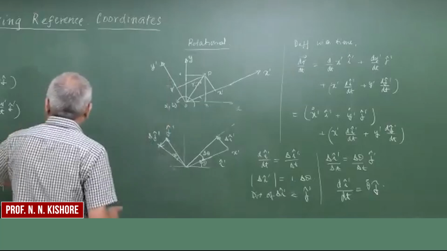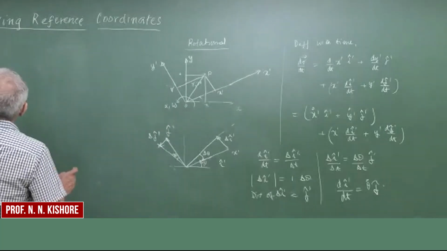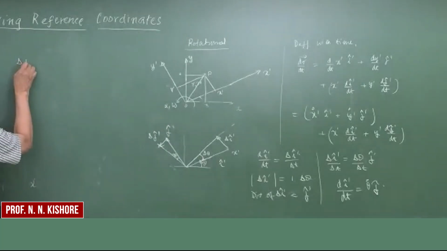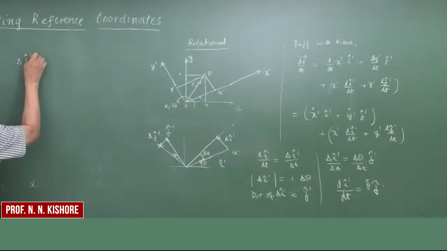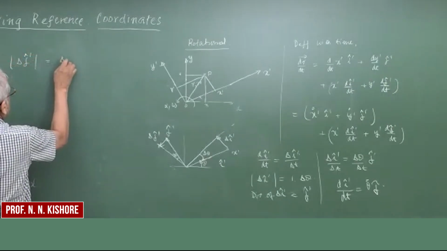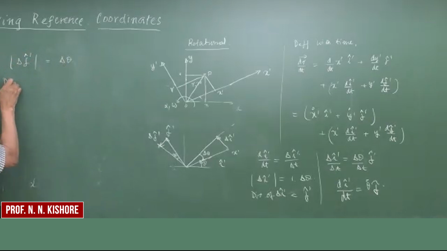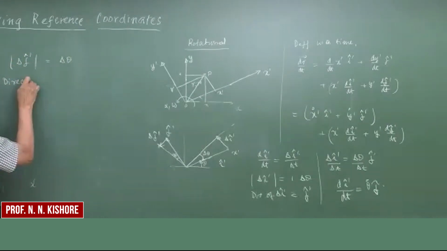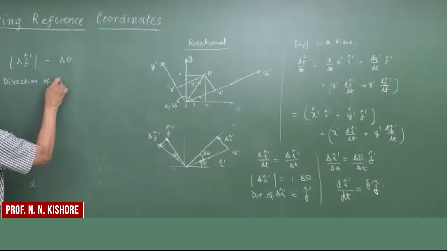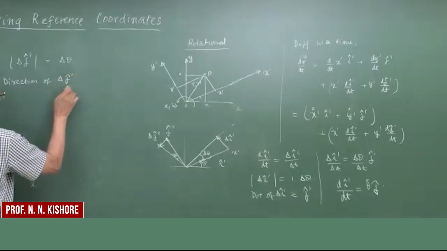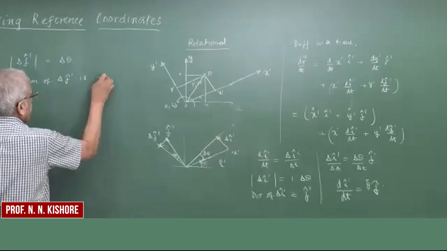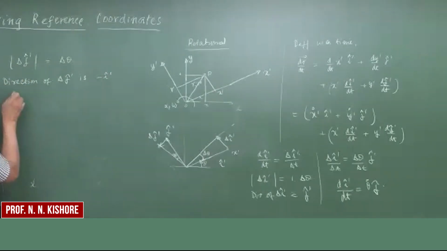So delta j prime has magnitude delta theta and direction minus i prime.